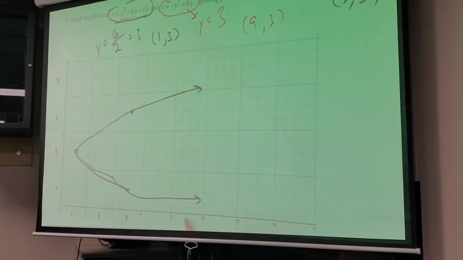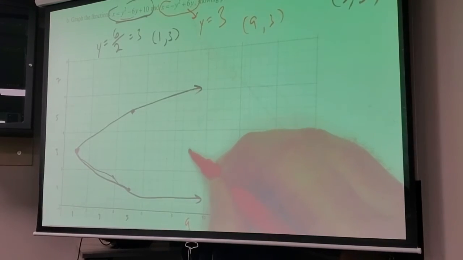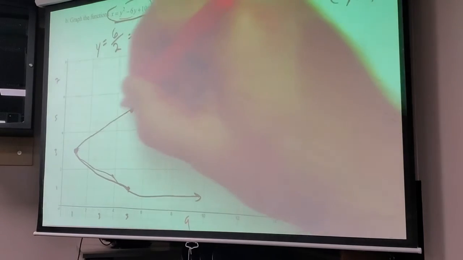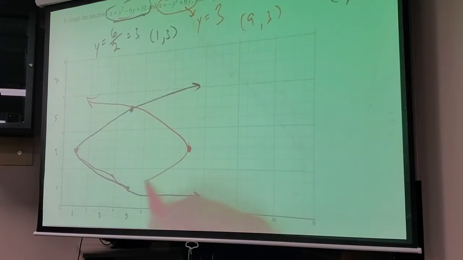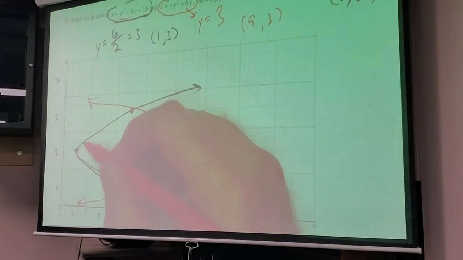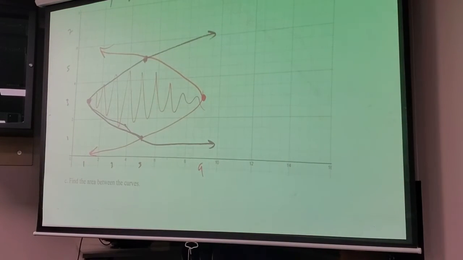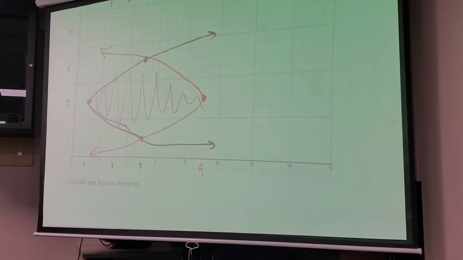So 9, 3. There it is. And then it shares these points here, right? So now that's enough for this guy. So the area bounded between these two functions is right there. Looks like an alien, take me to your leader.